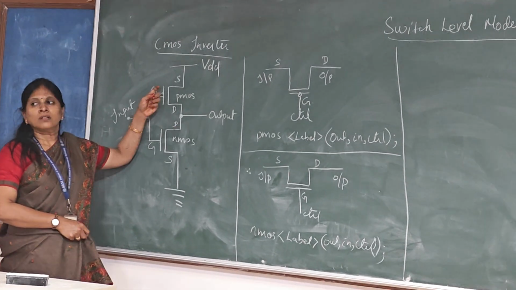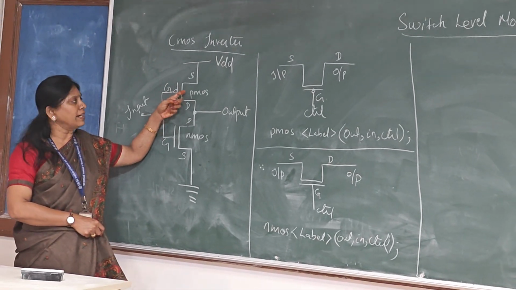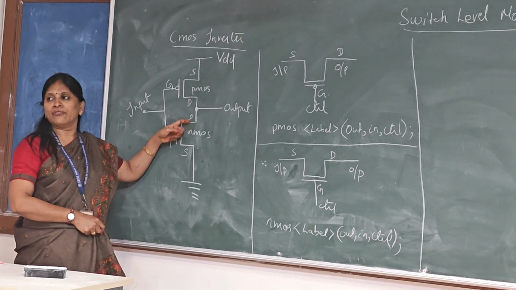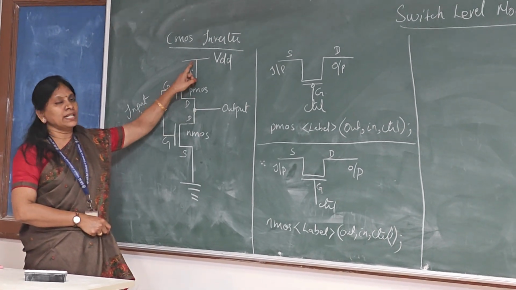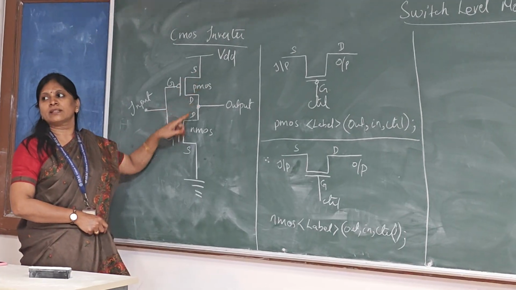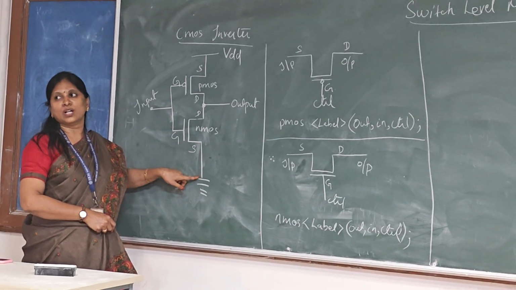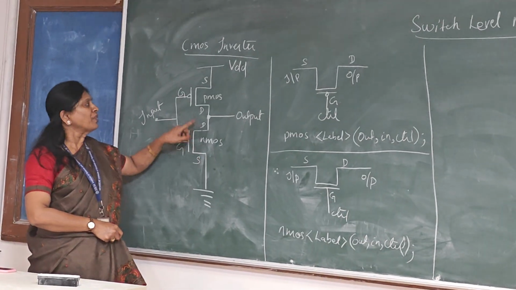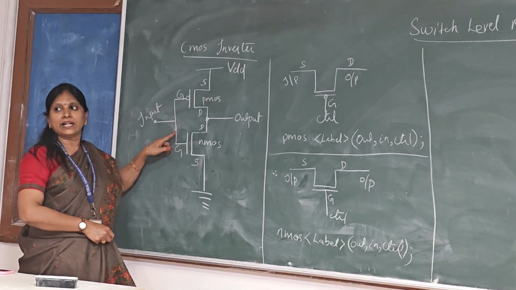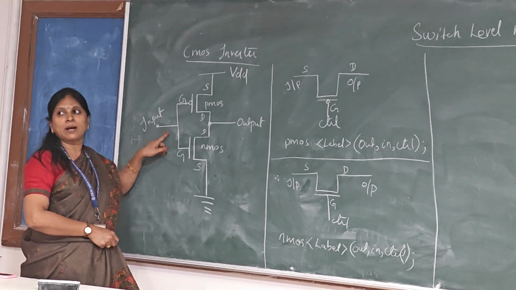VDD is connected with the source of PMOS, then VSS, that is ground, is connected with the source of NMOS. The two gates are connected together. The input is applied at the gate.